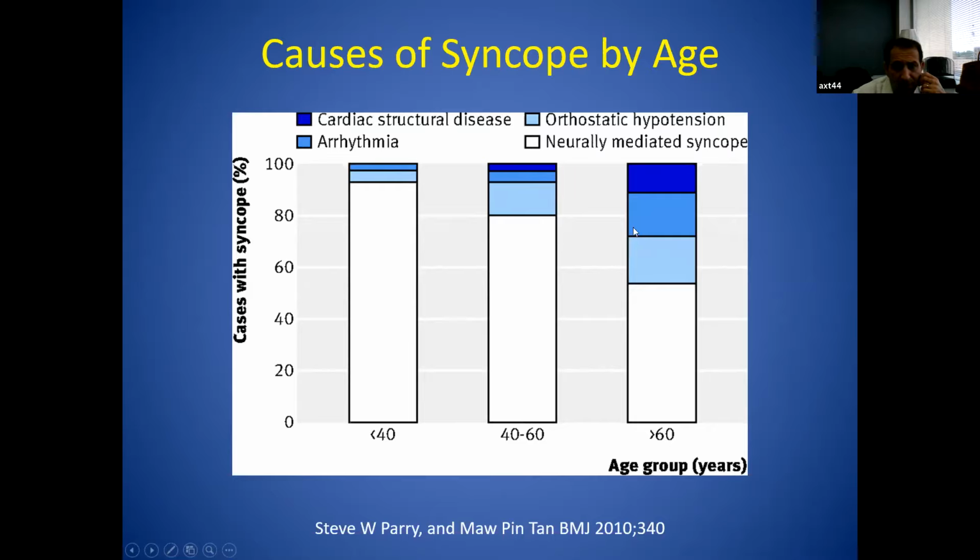When you're over 60 years of age, you can see that half of it, a little more than half, is neurally mediated syncope, and the rest of it has to do with either an arrhythmia, a structural heart problem, or worsening orthostatic hypotension.